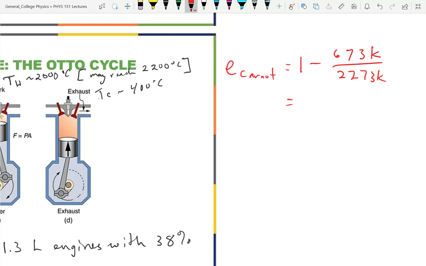I know I saw something that gave a number. So we'll see if my numbers match theirs. Yeah, it's exactly what they suggested the ideal efficiency would be. Feeling better. What does that give you for an ideal efficiency?